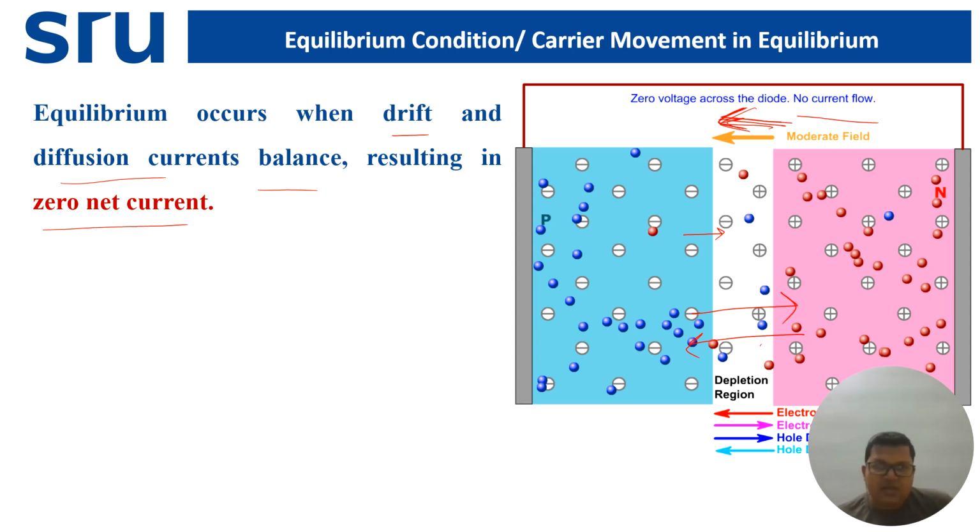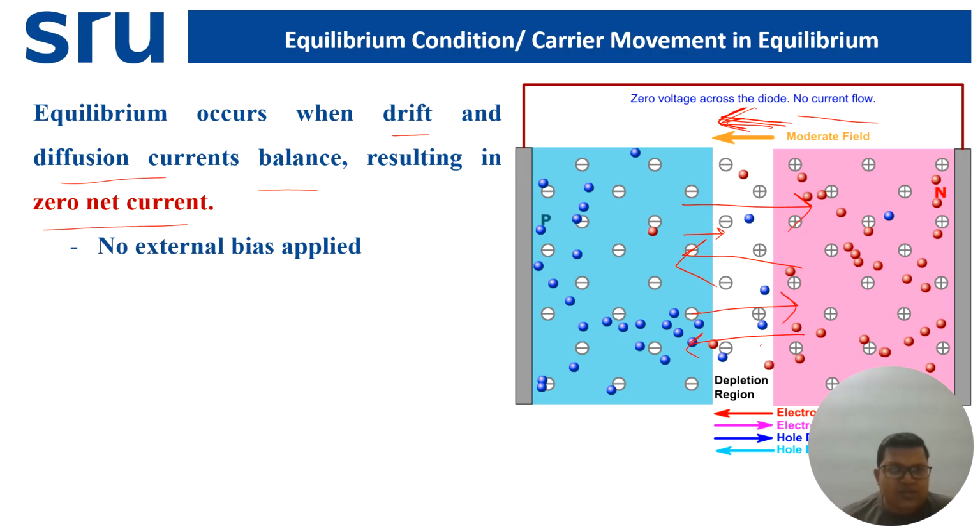And for the electric field, there will be some drift current, which will also be there due to this electric field. So the hole drift current will be this way, and the electron drift current will be this way.